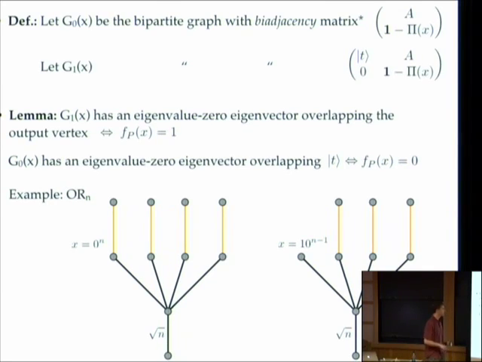Okay. And here are the two graphs, G1 of x and G0 of x, for two inputs. Say in this case, we're looking for an eigenvector that has support on this vertex. So +1 on this vertex can be canceled out if we put a minus square root of n on this vertex and zeros on everything else. And so that's an eigenvalue 0 eigenvector supported on this vertex. And so it works. In this case, the function should evaluate to false.